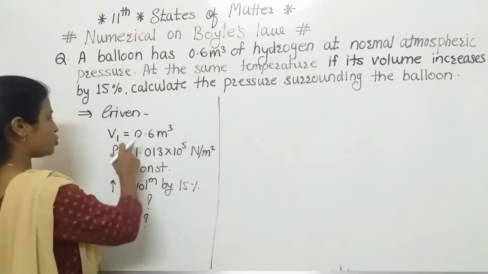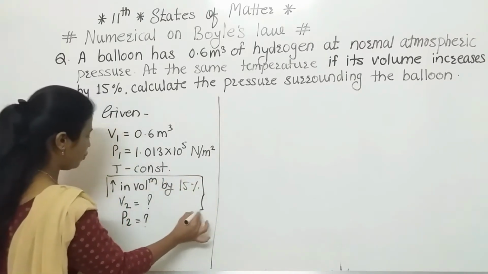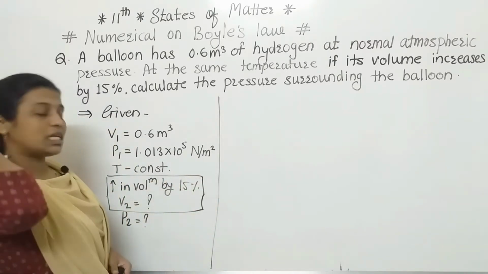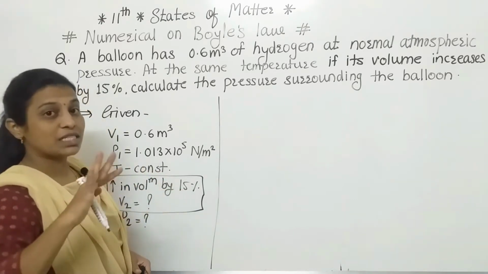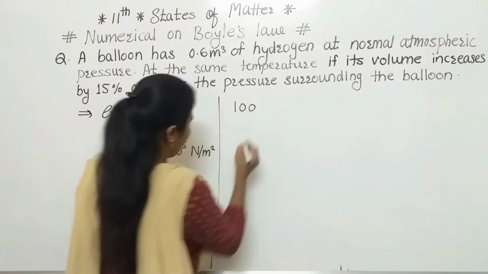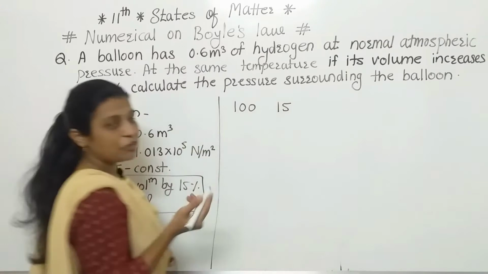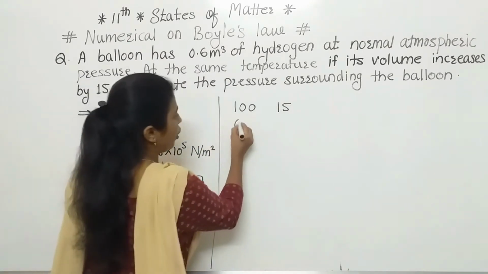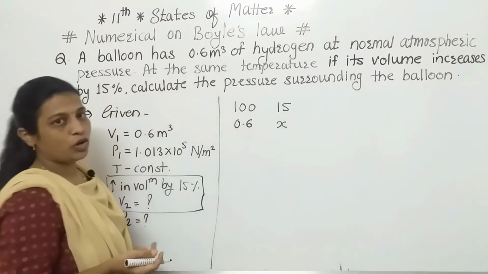So before going towards that main formula, firstly we have to calculate that V2 by using this increase in volume by 15%. So what does it exactly mean? See, if 100 is the volume, then there is an increase in volume by 15. So if 0.6 meter cube is the volume, the increase in volume will be how much?